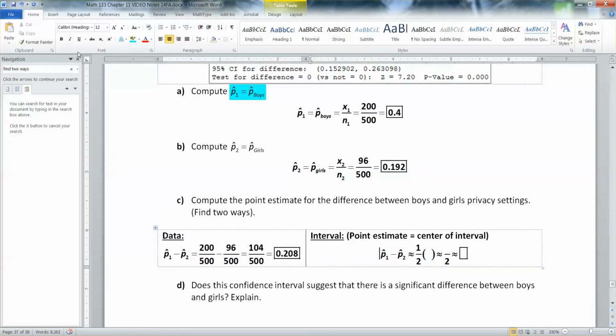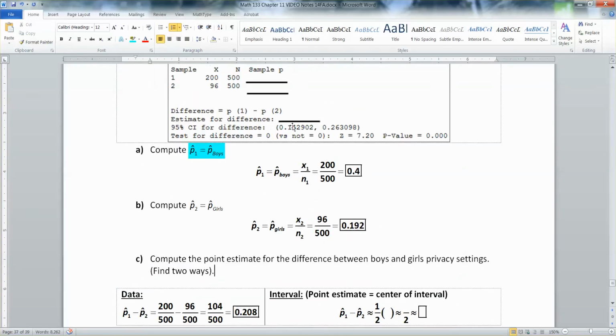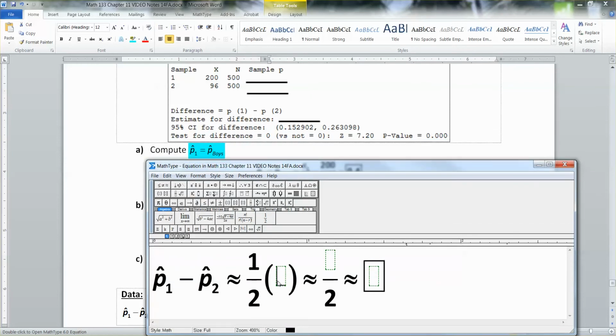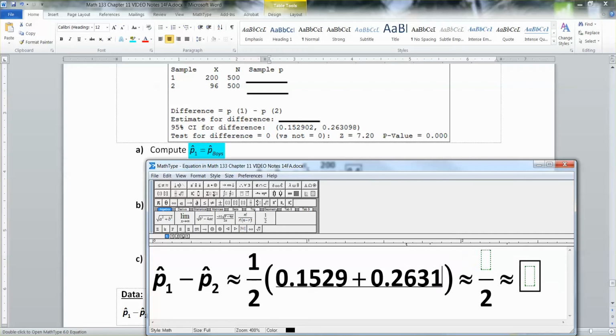And then using the confidence interval, the interval was right there, 0.1529 and 0.2631. So I'm going to take those two values, 0.1529 plus 0.2631, because I'm trying to find the center of that interval.